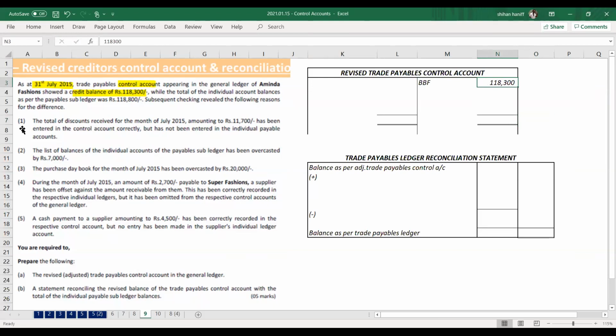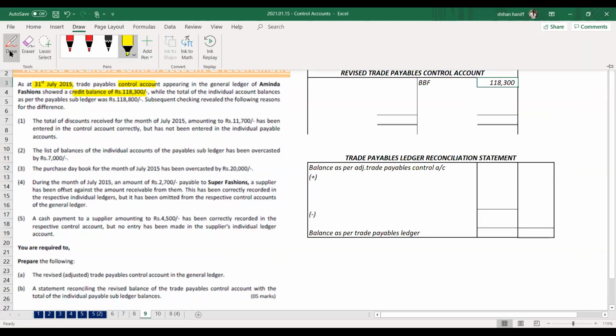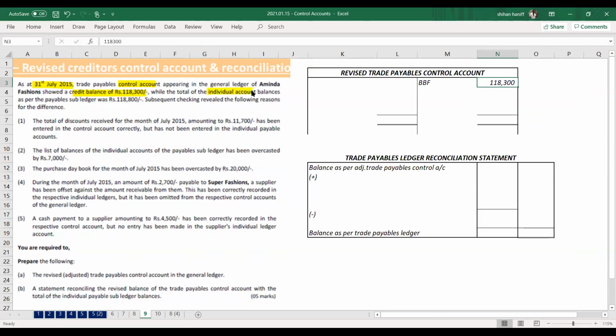Individual balances in the subledger is 118,800. So this is our closing balance. Subsequent checking revealed the following reasons for the difference. 5 errors, 5 reasons. Prepare the revised trade payable control account and the reconciliation statement.